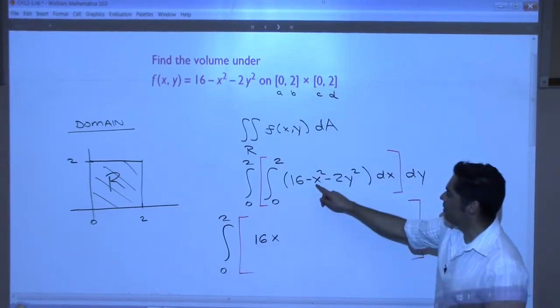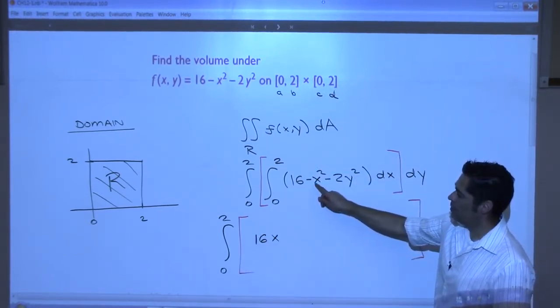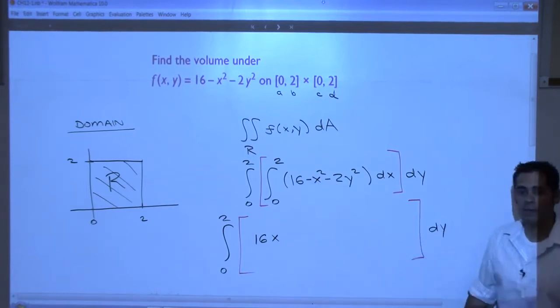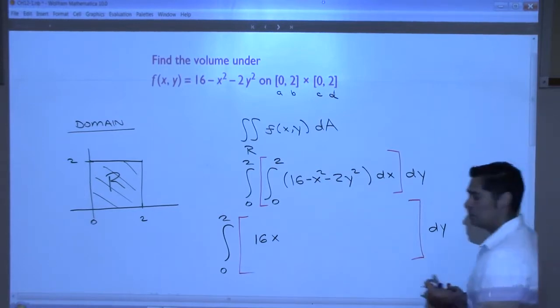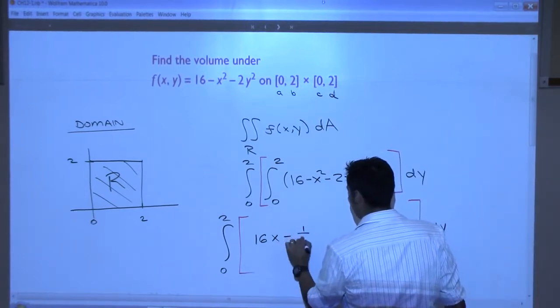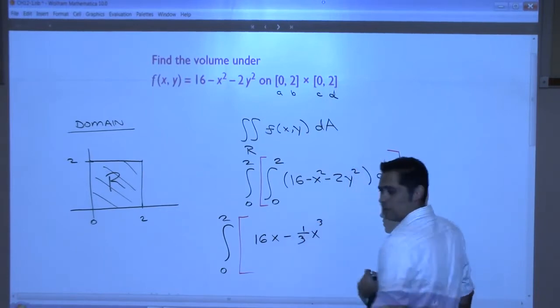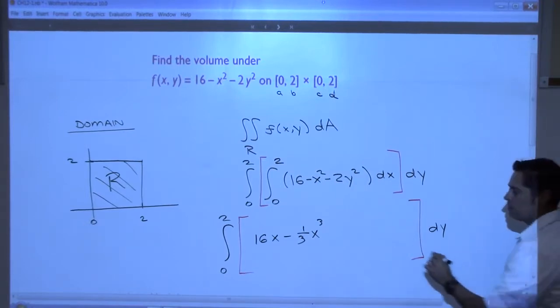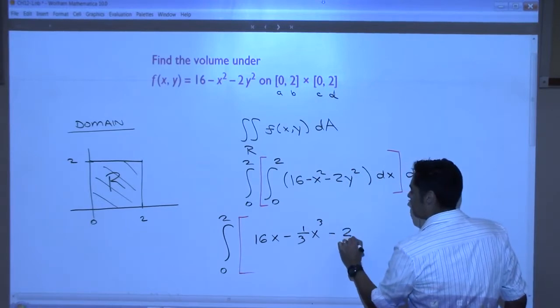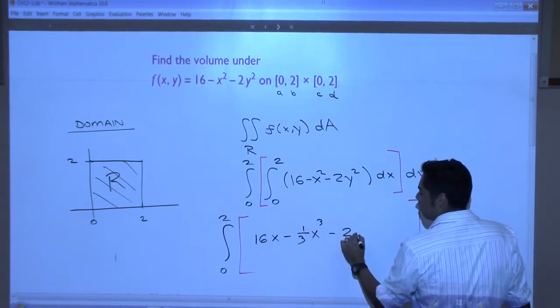What is the antiderivative of negative x squared with respect to x? 1/3 x cubed. Everything seems pretty normal, right, so far? That's what we would expect from Cal 2. What's the antiderivative of negative 2y squared? Negative 2xy squared, or you could say y squared x. It doesn't matter. I'll go in alphabetical order.